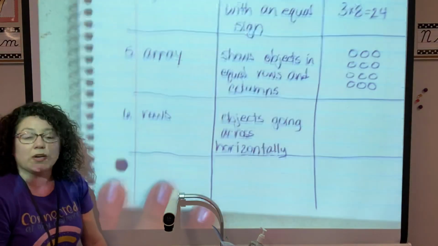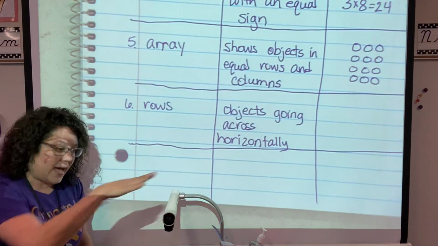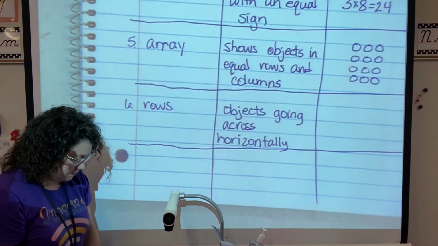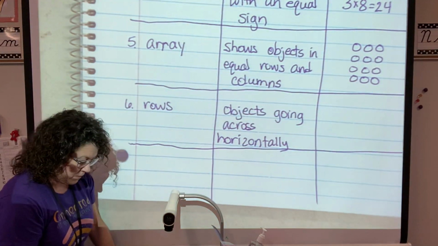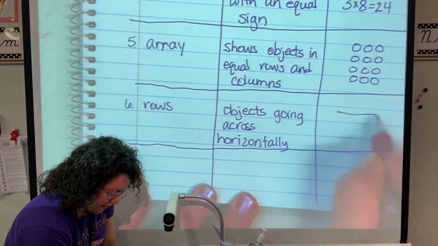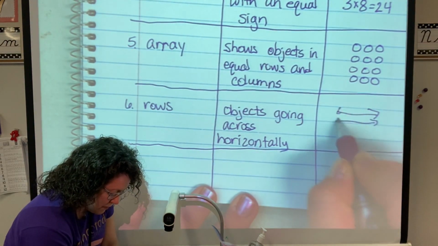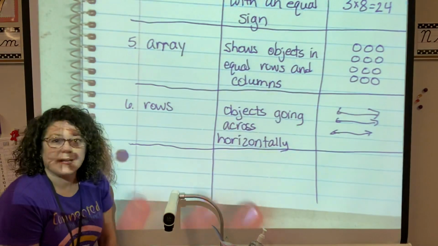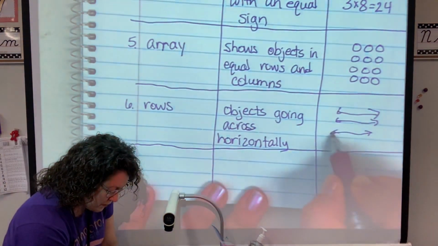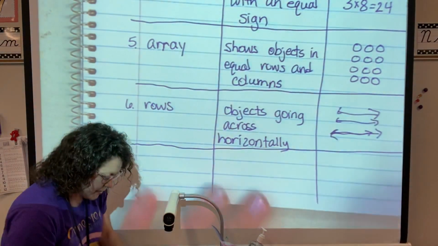That's a long word. Horizontally means side to side. Okay, they go that way, side to side. Not up and down. Oh, that's a wonky looking arrow, isn't it? Whoops.